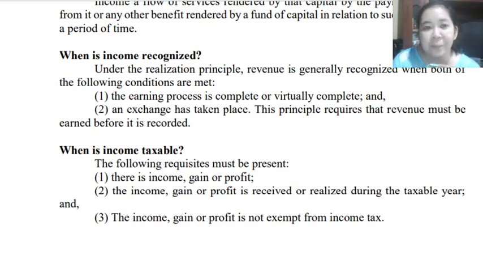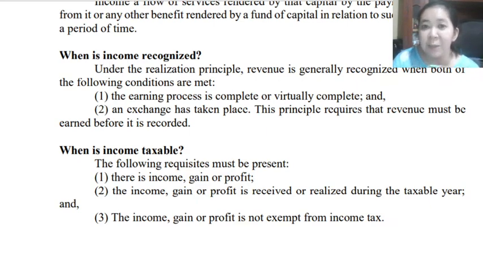First, the earning process is complete or virtually complete, meaning if you are a seller, you already delivered the goods to your customer. Or if you are a service type of business, you already rendered the services to your customers or clients. So the earning process is already complete, or there is a transfer already of ownership from the seller to buyer. Second is an exchange has taken place.